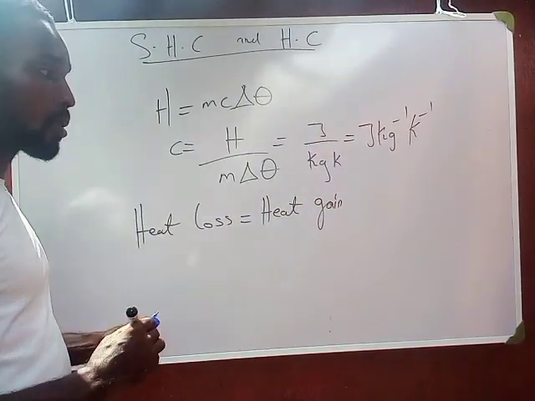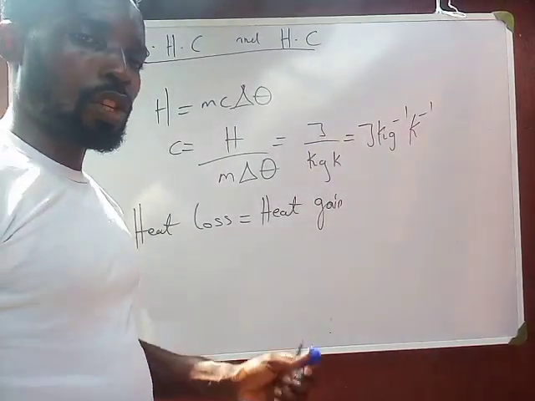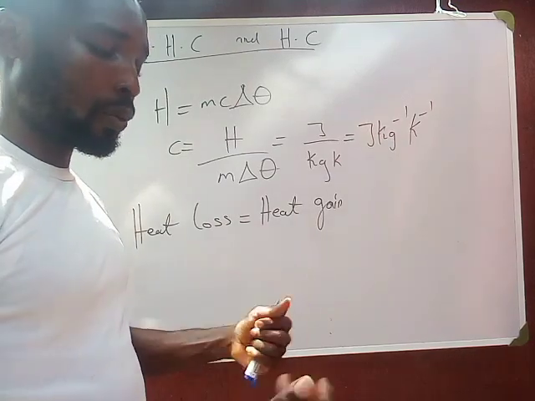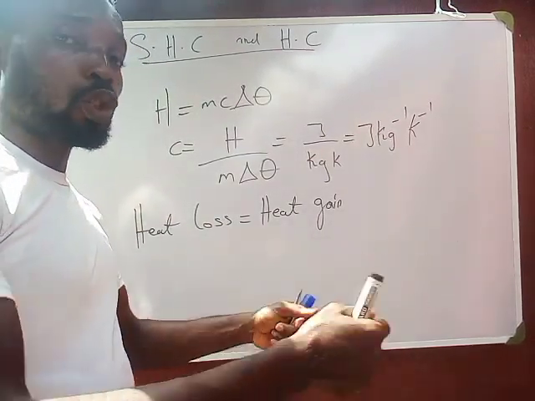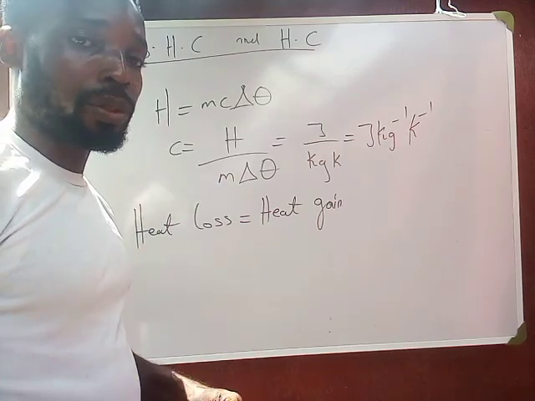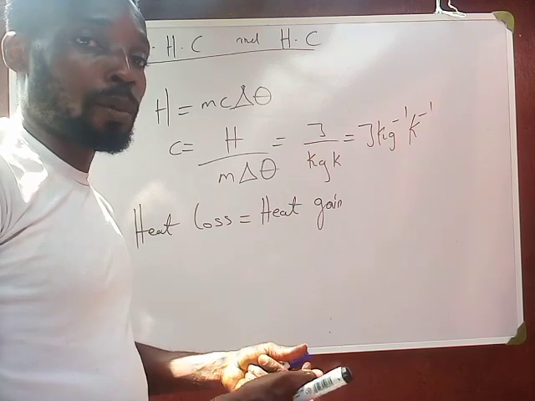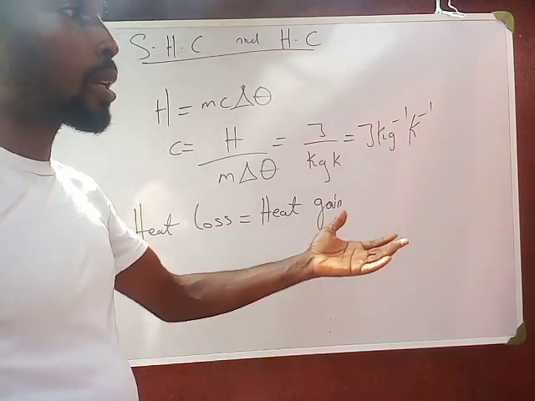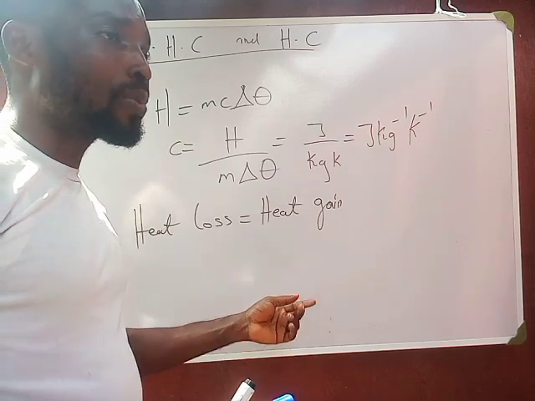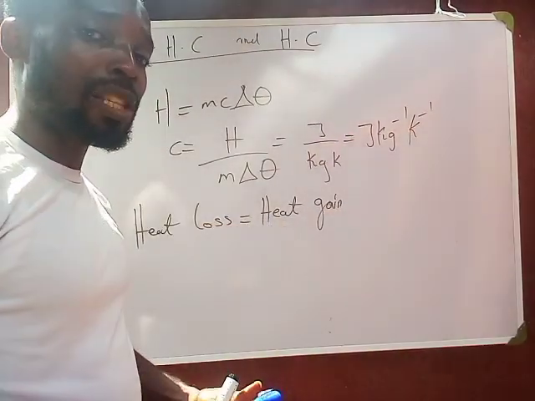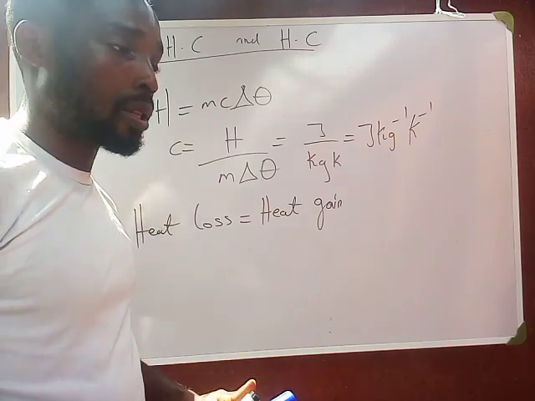You have to know the body that is gaining heat and the body that is losing heat. You must understand the question. Just for an example, you want to bathe and you get your water at normal temperature, which will be cold to you, and you want something warmer. You can decide to boil some quantity of water, which won't be the same as the cold one at normal temperature you want to use to bathe.